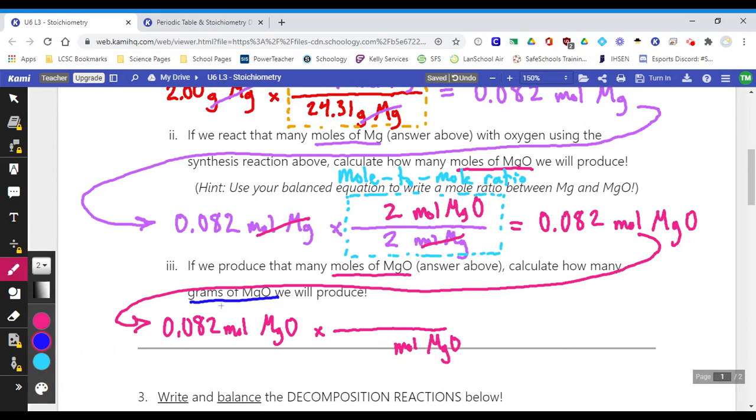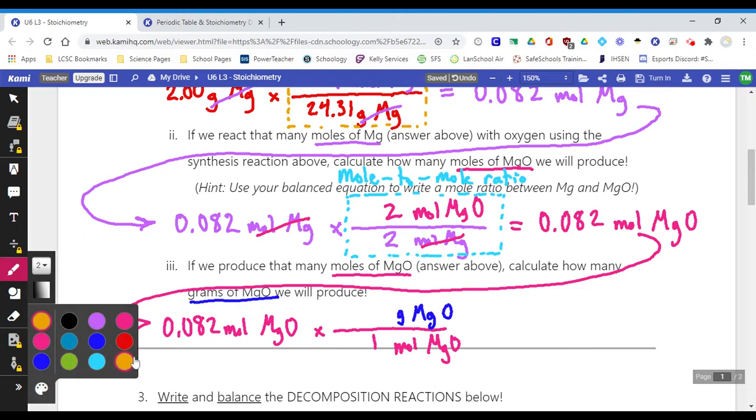Up on the top, I want to figure out how many grams of MgO we're going to get. Grams of MgO. Now, moles is only on one side of this, which means I can be 1 with moles. So wherever moles is in the fraction bar, I'm just going to put a 1 there. Now this fraction bar is asking me how many grams of MgO are in 1 mole of MgO.